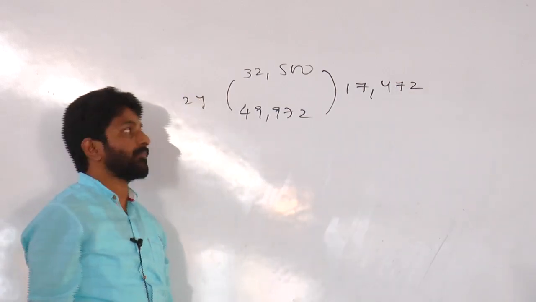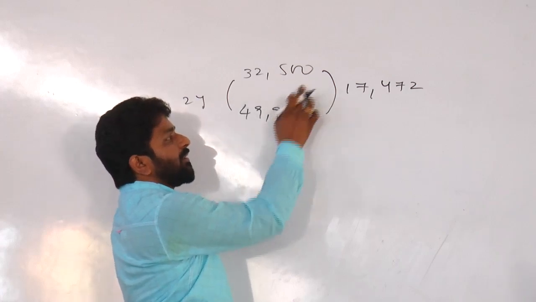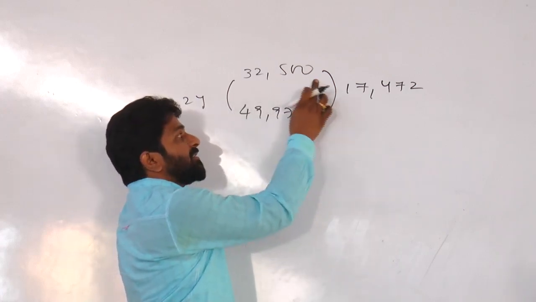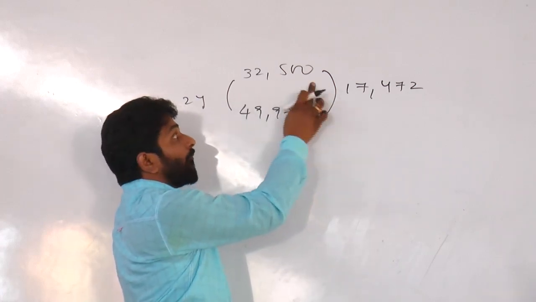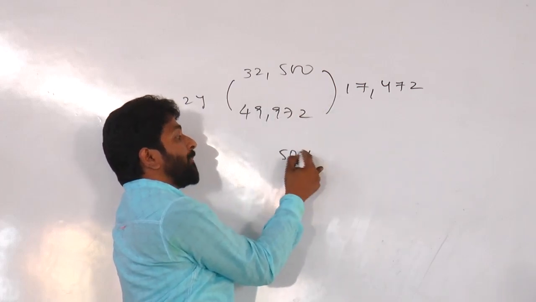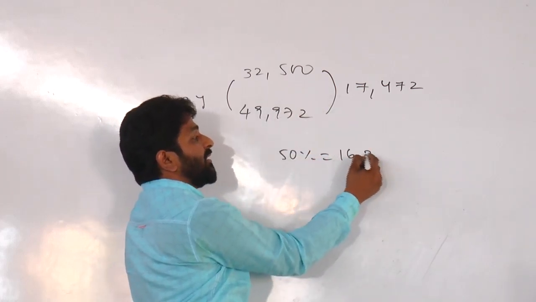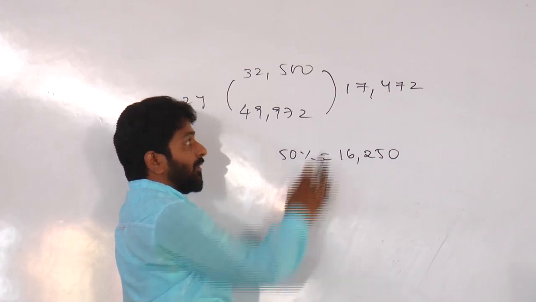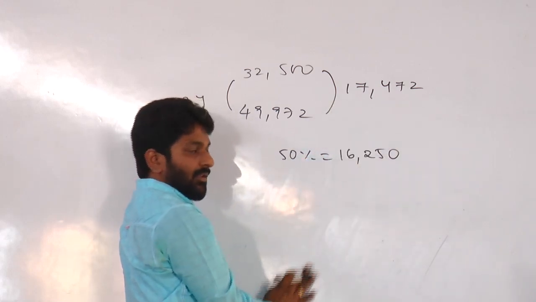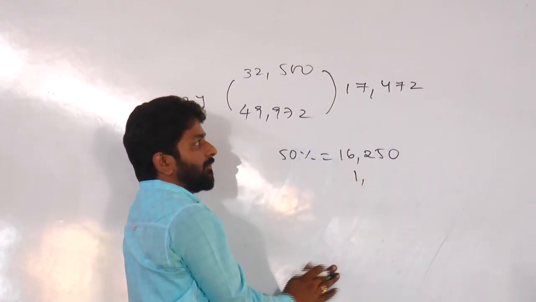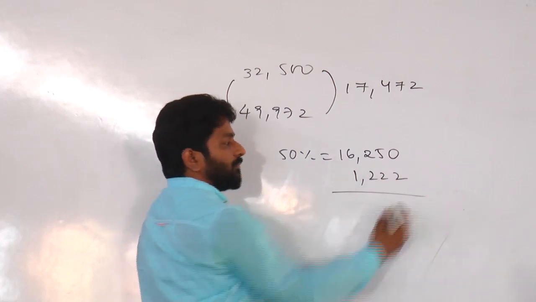Right? 50% of this number is 16,250. This is more than this. Again you need to add 1,222.